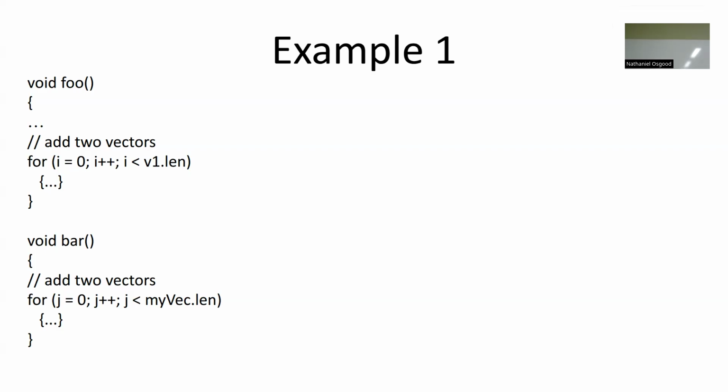It's not textually duplicate, right? This says my vec, that says V1. But it's basically the same pattern, as we say in Latin, mutatis mutandis, with just inessential details changed, right? The variables are different, but it's the same basic relationship, the same basic behavioral pattern of adding together vectors. And if you had 10 of these, that's a fair bit of repeated code.